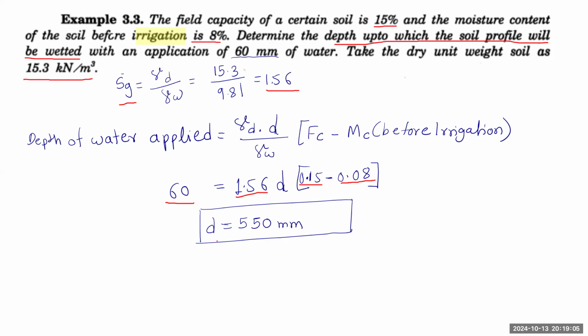There is only one formula: SG into D into (FC minus either wilting coefficient or moisture content before irrigation), where SG is gamma D upon gamma W. From this we can calculate the depth of root zone wetted due to the applied water of 60 mm. So this is the first example.